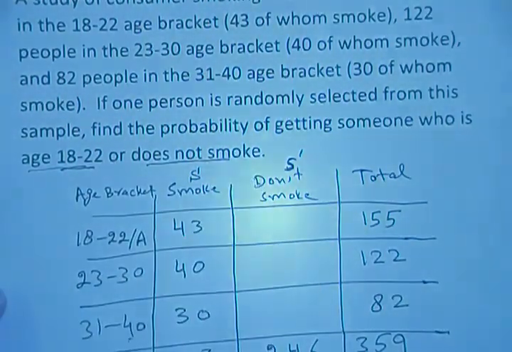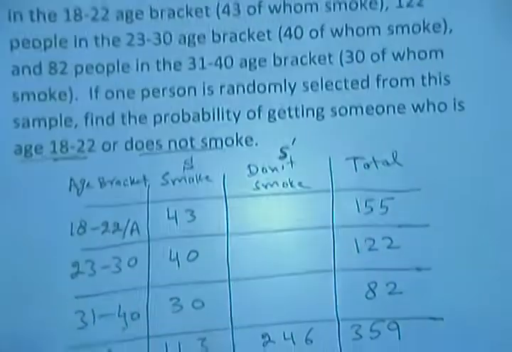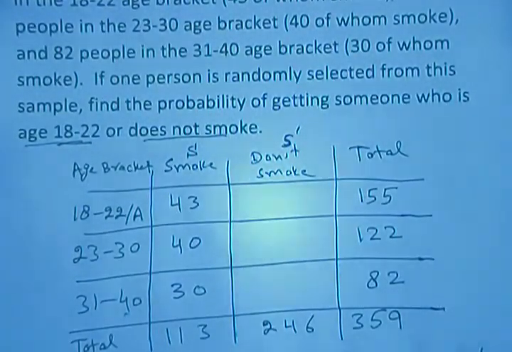A is representing this age group. So by the rule, this would be equal to the probability of A plus the probability of people who do not smoke, minus the probability of the intersection. Good? Okay. So next we just have to fill in this information.